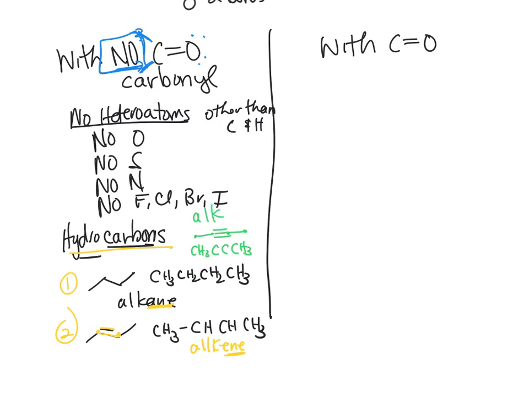This is an alkyne, Y-N-E, so that's a carbon-carbon triple bond. Or you could have a ring structure that has alternating carbon-carbon double bonds, and this is called an aromatic. So that includes 4 types of hydrocarbons. Hydrocarbons are one type that have no carbonyl.